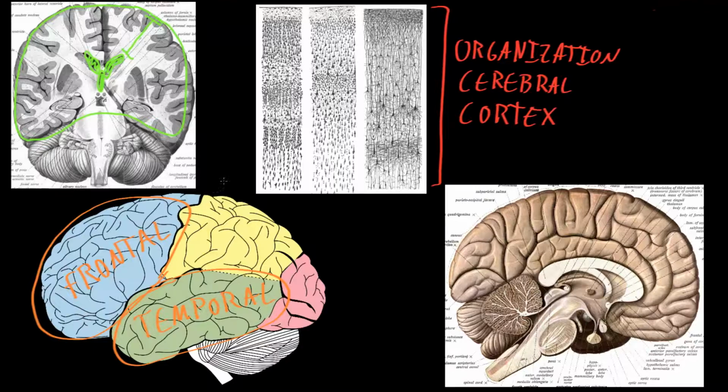Newer scans can look at the activity in different areas of the brain, and some studies have noticed abnormal activity in the frontal and temporal lobes, in some of the same areas where structural abnormalities have been seen. So a likely possibility is that in patients who develop schizophrenia, something happens abnormally during development of the brain, and these particular areas of the brain do not develop normally, leading to the disease.